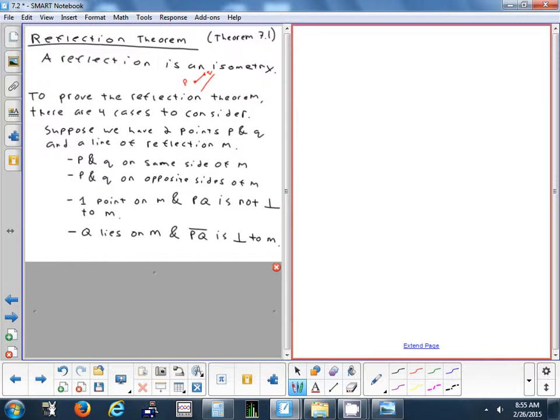You've got a line of reflection, and it says one point is on the line of reflection. We'll call that P. But PQ is not perpendicular to the line of reflection. So let's put Q right there. Does everyone agree that the red and the black line are not perpendicular? Yes. That's case 3.